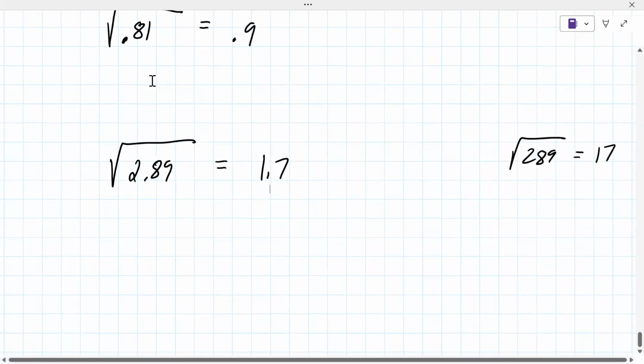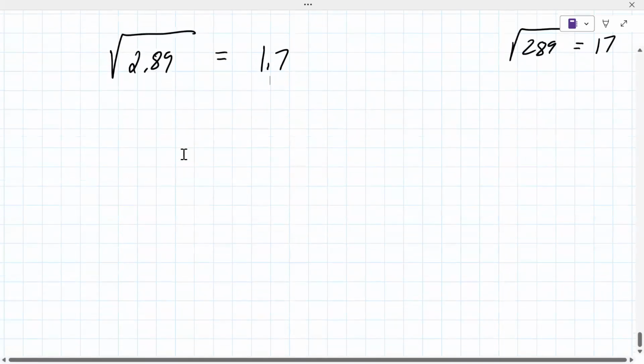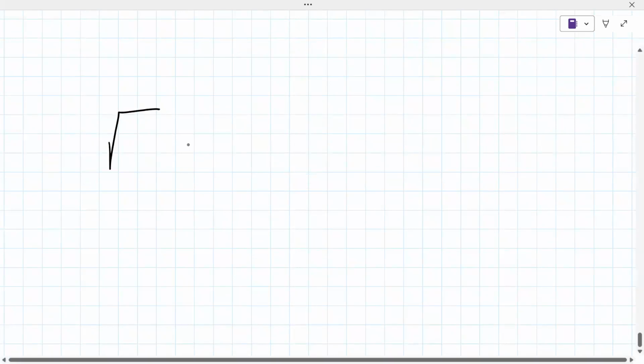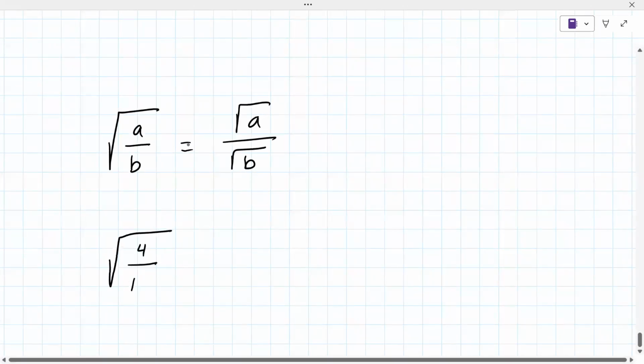Very good. Now there's a couple of properties of square roots that you may need to know. The square root of a divided by b is the square root of a over the square root of b. So if I ask you for the square root of 4 over 100, this is really the square root of 4 over the square root of 100.